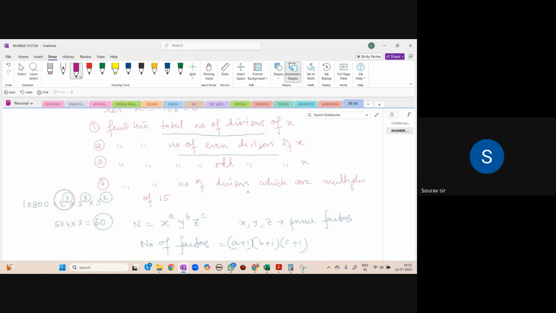Now, let's go to the last part. Number of divisors which are multiples of 15. The clue is it is similar to number of even divisors.